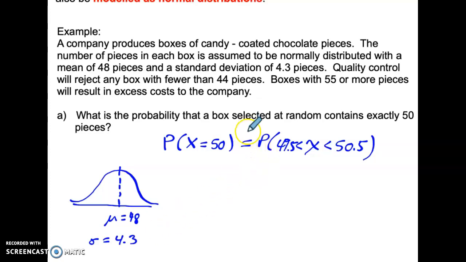This is known as continuity correction. And the way I'll represent it is I'll do a little CC above the equal sign to show that we are applying the continuity correction. Okay, or sometimes I'll do an arrow with a little CC to show continuity correction.